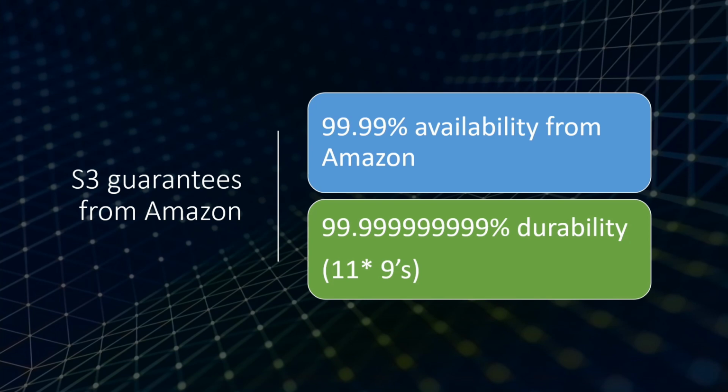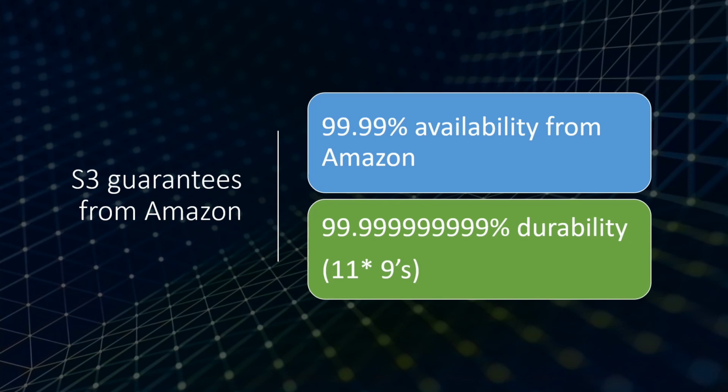And durability refers to the storage system from where we are trying to access the data. When we talk about durability, we are concerned about whether the data is durable and there is no data loss.